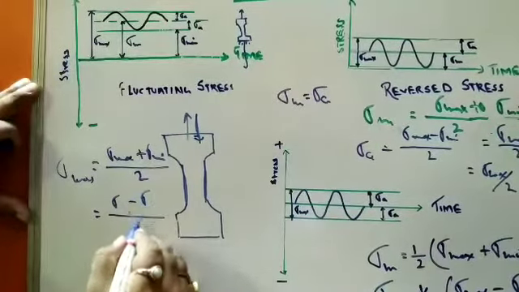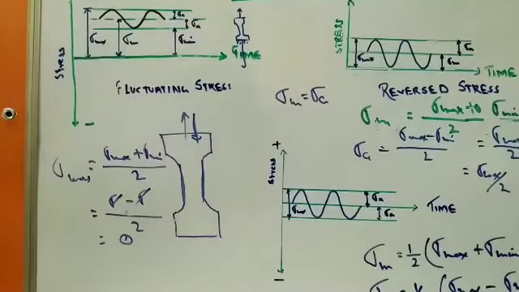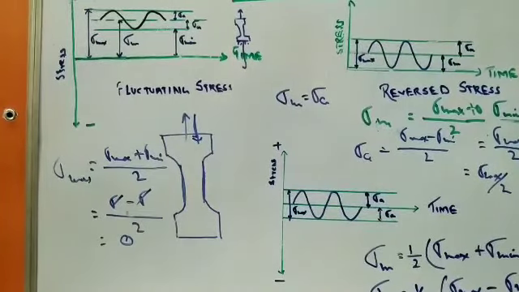Plus and minus by 2, what happened? It's 0. So in this condition, sigma mean, that is the average stress, is 0.